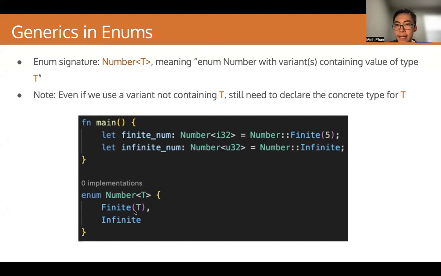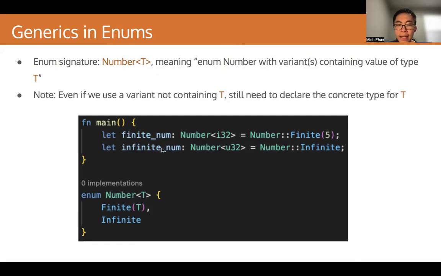The Finite variant contains a value, and this value will be of the type T. Note the enum signature here, Number with T in between the brackets. It means that the enum Number contains variants that contain values of type T. Since the variant Finite contains a value of the generic type T, we have to put T in the enum signature.